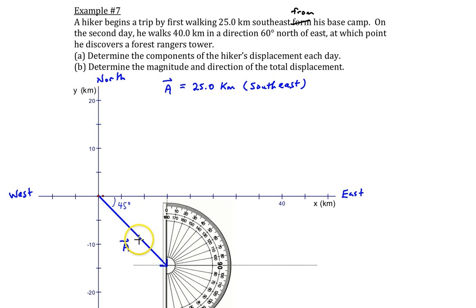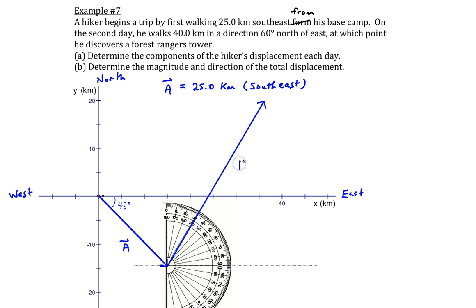So now I've laid out my protractor with my axes in here, and I'm going to draw my next leg, which is a length of 40 kilometers at an angle of 60 degrees from the easterly axis. So this is going to be going off along here now.